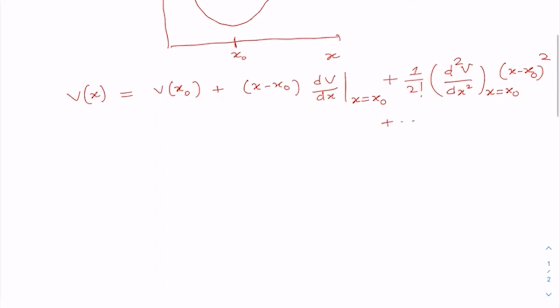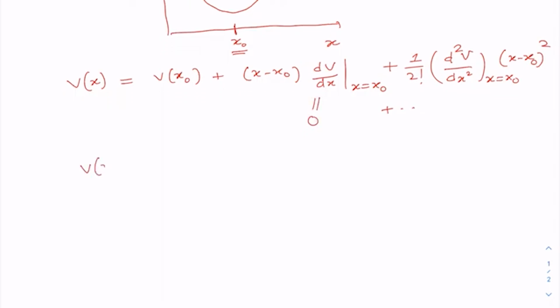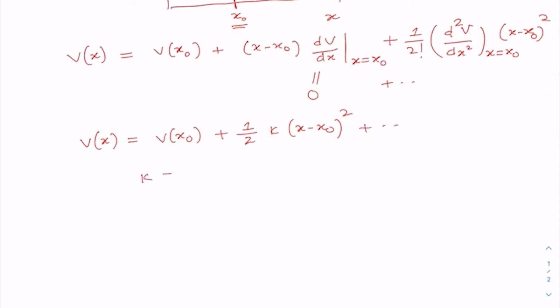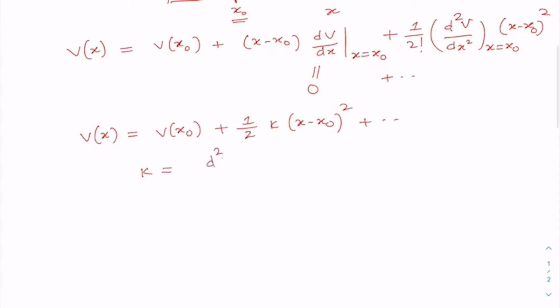Since x0 is the location of the minimum of the potential energy, its first derivative is obviously going to be 0. So we'll be left with V of x equal to V of x0 plus half k (x minus x0) square, and there will be other terms as well, where this k is defined as the second order derivative of this potential function evaluated at x equal to x0, and it's a positive constant.